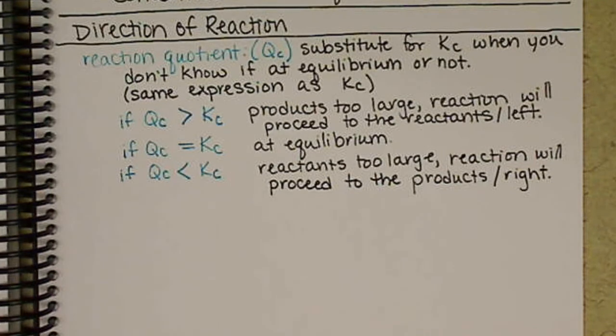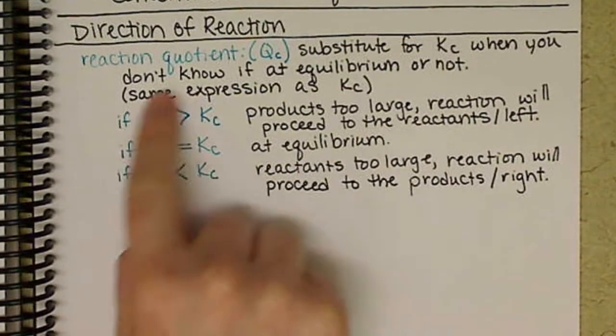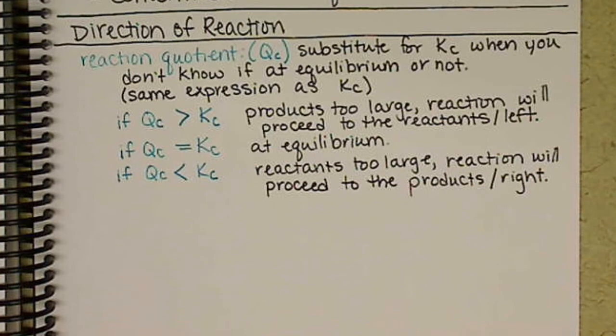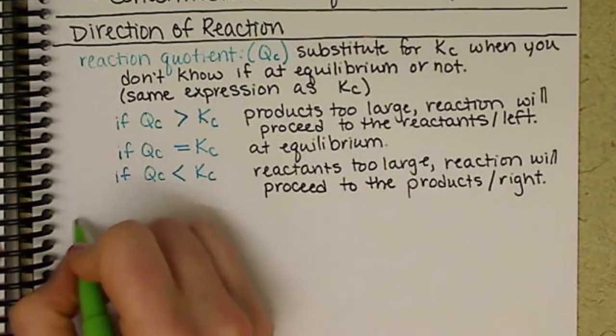So what this is addressing is: you're given some concentrations of your reactants and your products. Are you at equilibrium? Is the reaction still going to go in the forward direction, or is it going to go in the reverse direction? So let's look at an example like that.